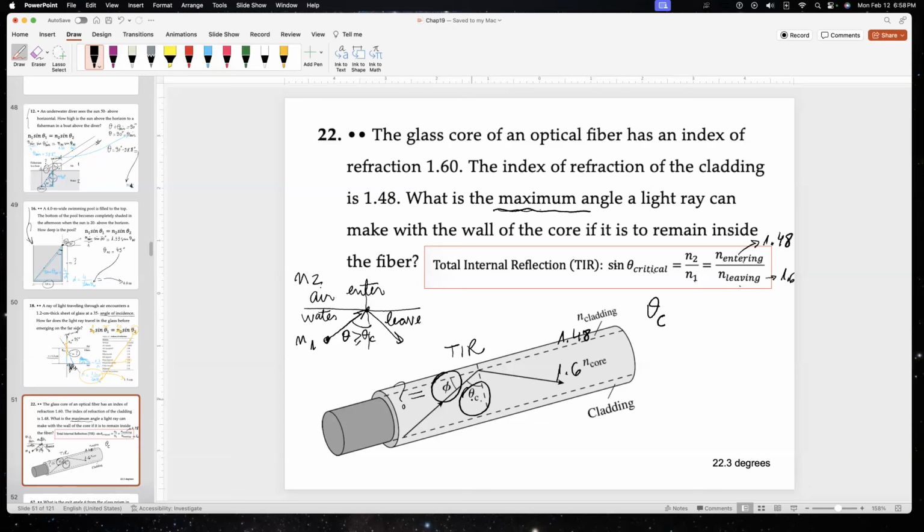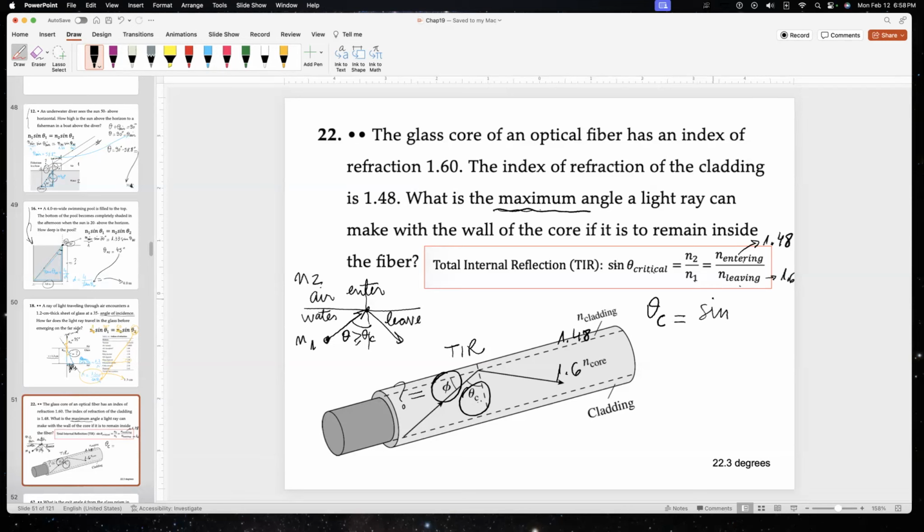So he wants phi because as theta increases, phi will decrease. So he wants to know the biggest phi, and the biggest phi possible will be when you are at the theta critical. So he really wants to find the theta critical.